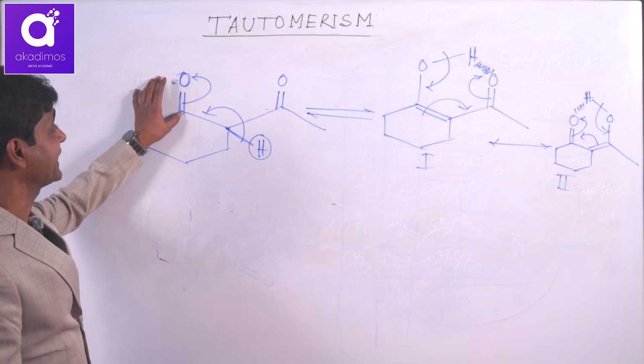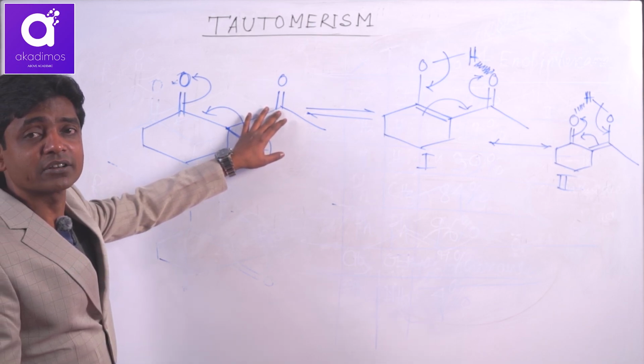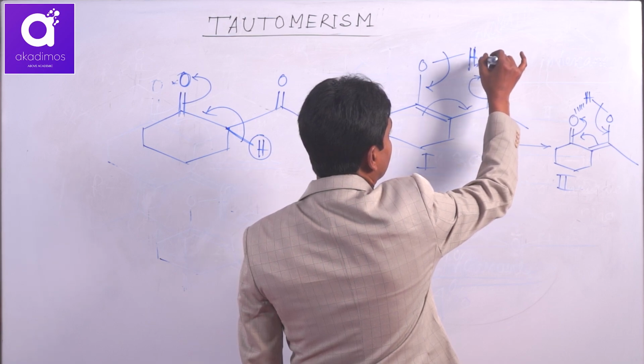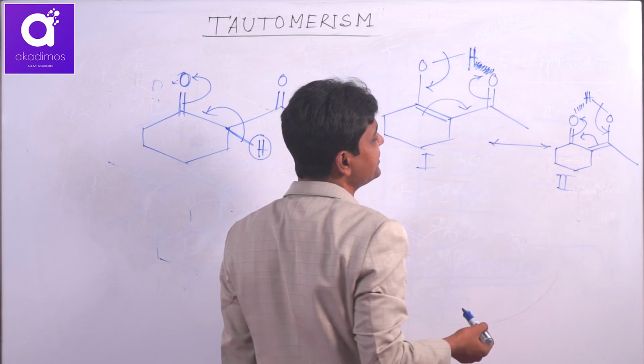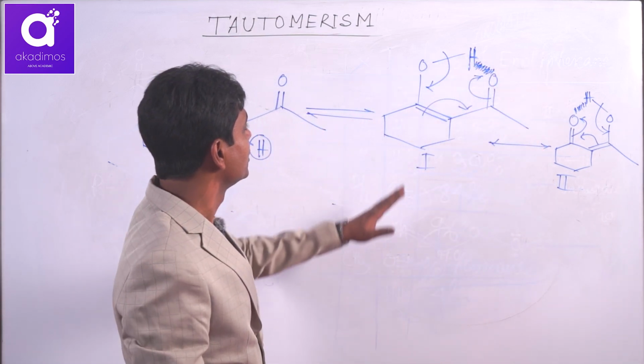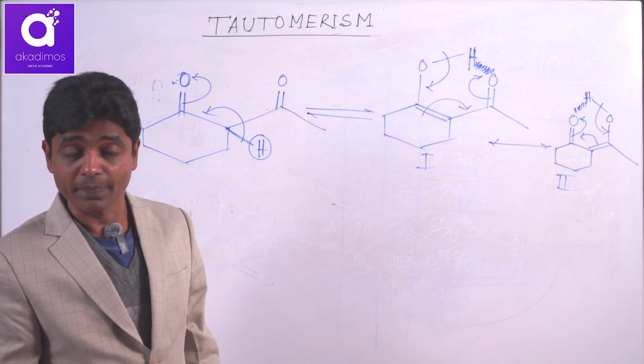One double bond I have taken in the ring, another double bond in the exo part of the ring, and you get a similar phenomenon like open chain pentane 1,3-diketone. Here you got an effective ring due to effective conjugation. It is a pseudo aromatic ring like benzene.